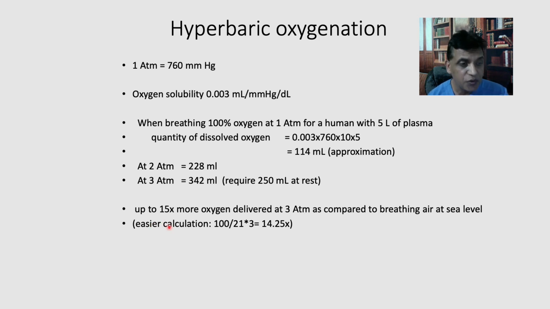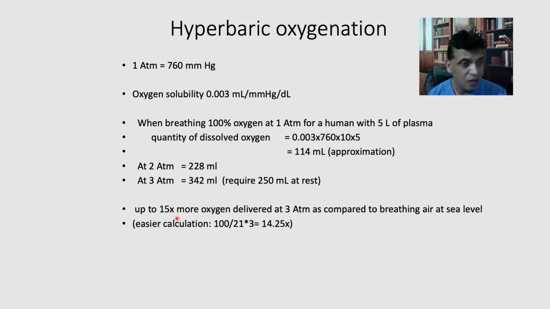In this case, we're looking at breathing 100% oxygen at 3 atmospheres. So the amount of oxygen delivery is almost 15-fold greater as compared to when breathing air. Now the number varies between 14 to 15 depending on whether you use oxygen concentration in air as 21% or 20%, but you get the idea.